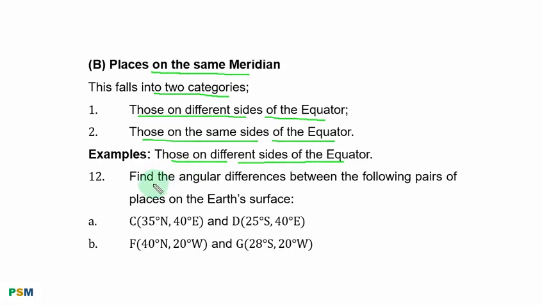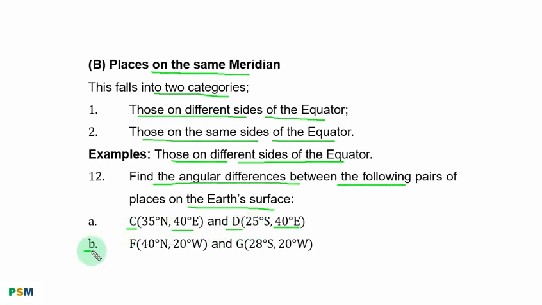Number 12, find the angular differences between the following pairs of places on the Earth surface. A, points C and D. You can see it here. The same meridian, different sides of the equator.